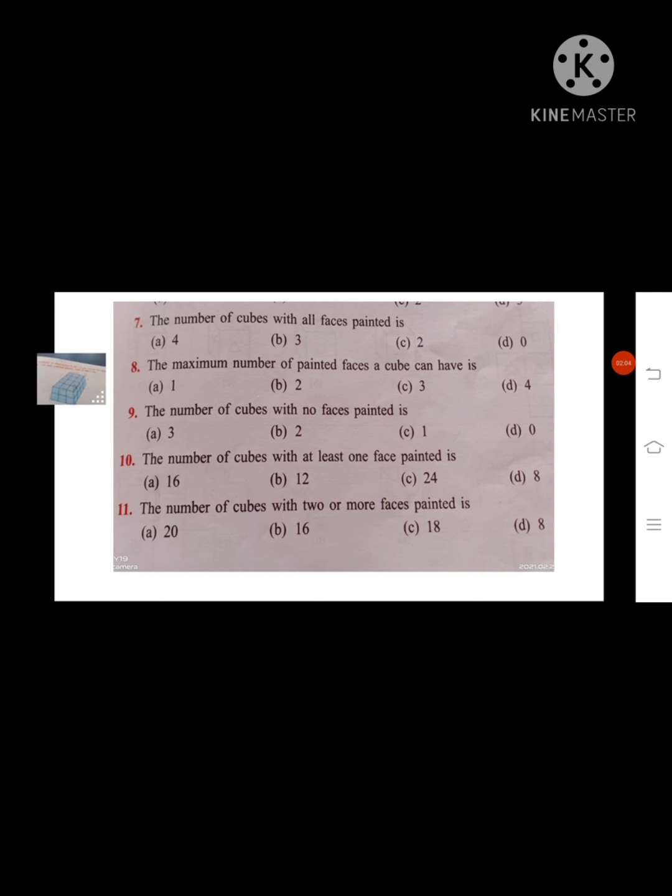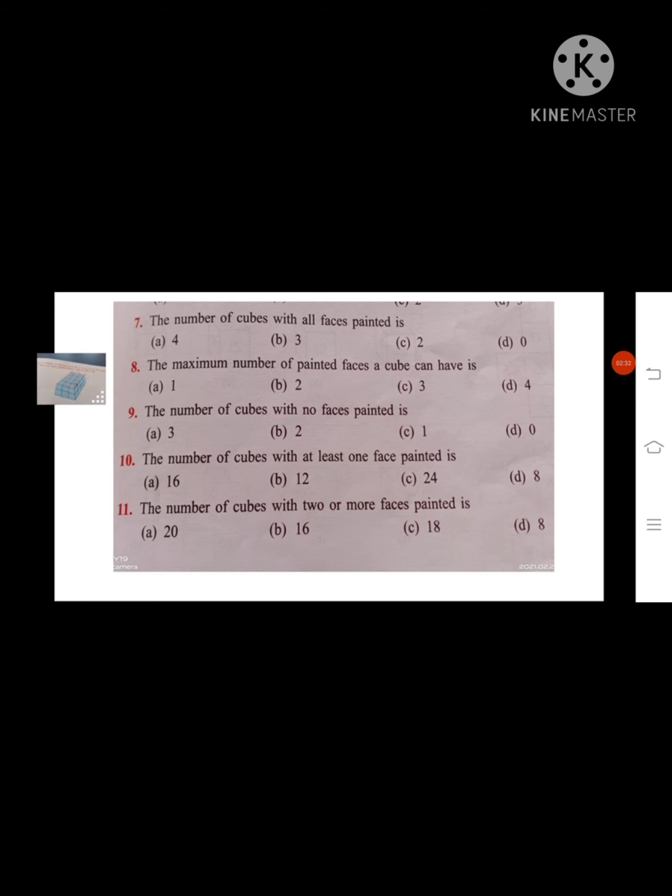So the number of blocks is our answer, means total 1, 2, 3, 4, 5, 6, 7, 8, 9, 10, 11, 12. On one side 12 blocks are there, and we can see at least one face on each block, means 12 and 12 means 24. So 24 will be the correct answer of the 10th question.